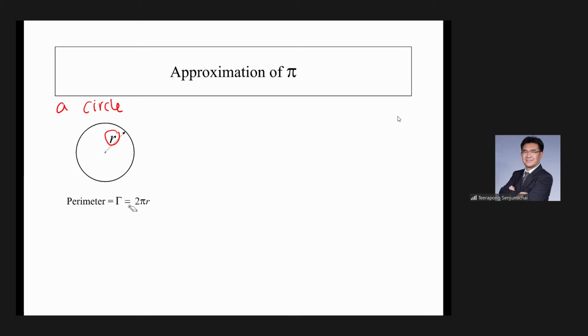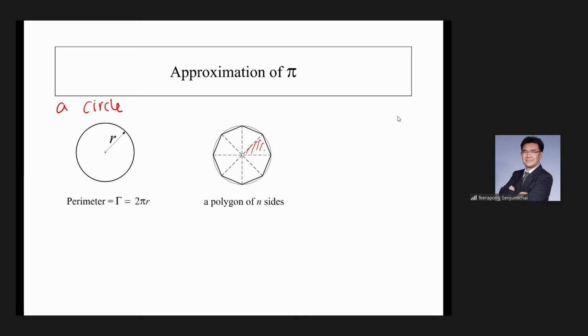Now, if we divide this circle into a polygon of n sides, for example like this, here we have a polygon of 8 sides. You can divide it into more or fewer than 8, so in general we have a polygon of n sides.